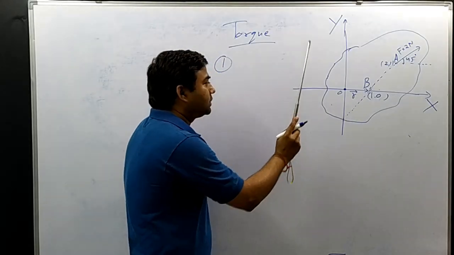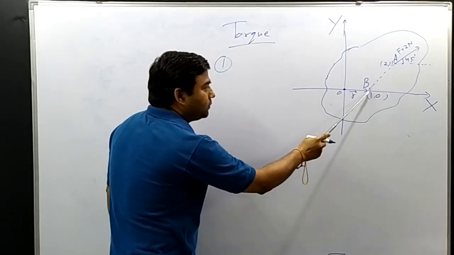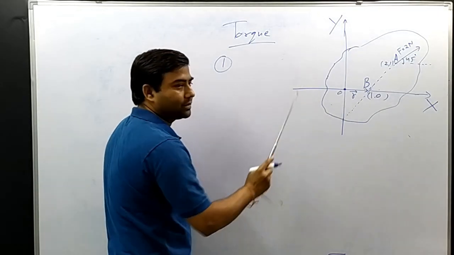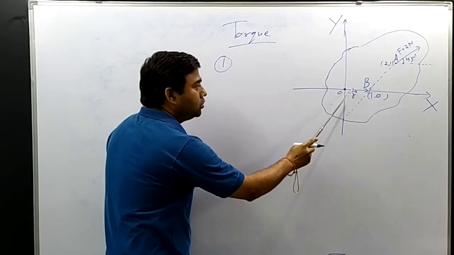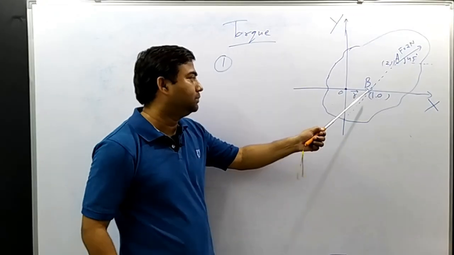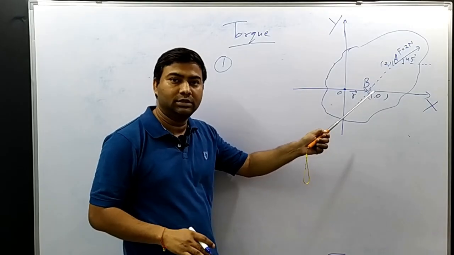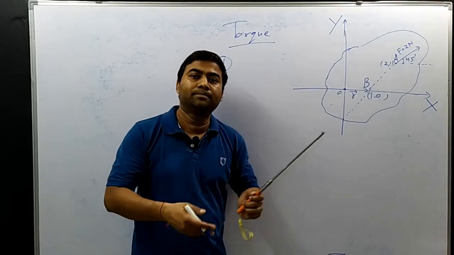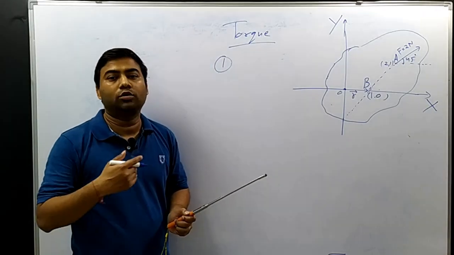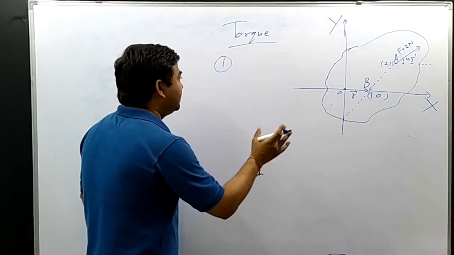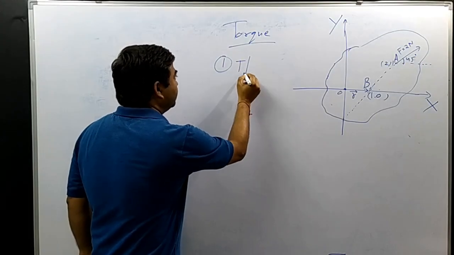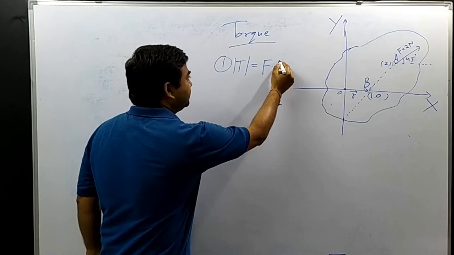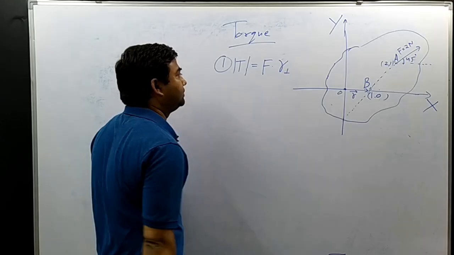The position vector of point B with respect to point O is OB, that is R, the position vector of point B on the line of action of the force, with respect to point O, about which we have to find the torque of the force.